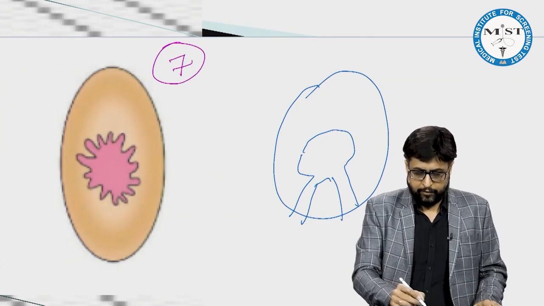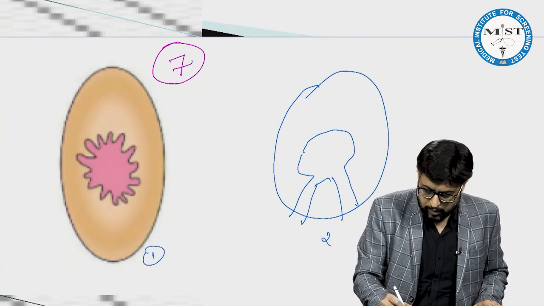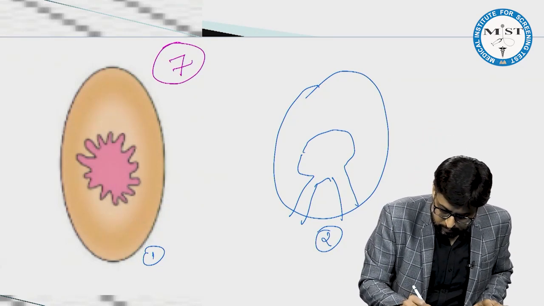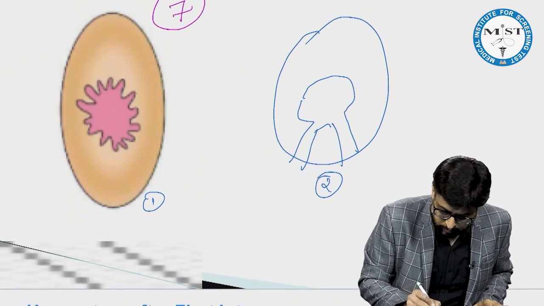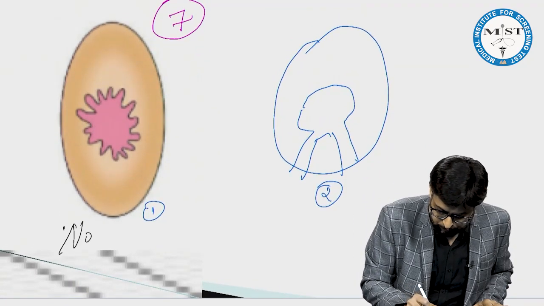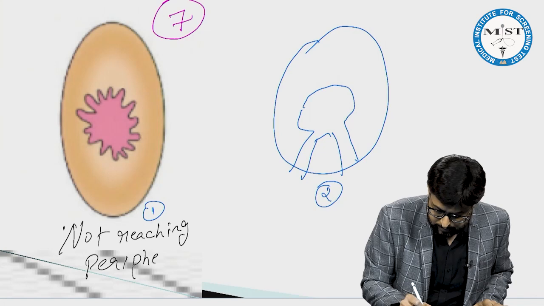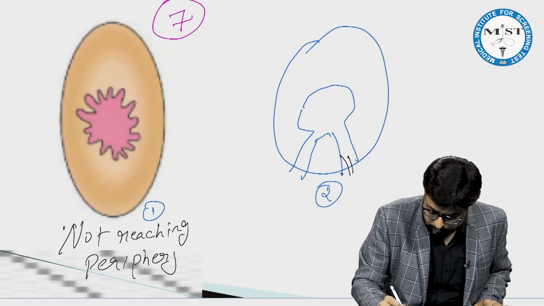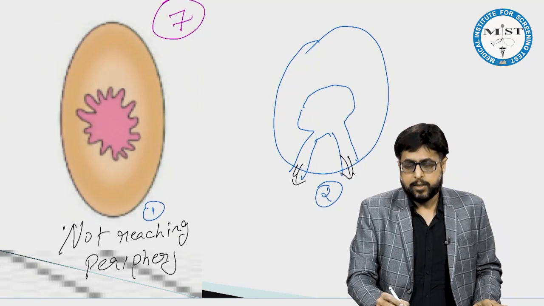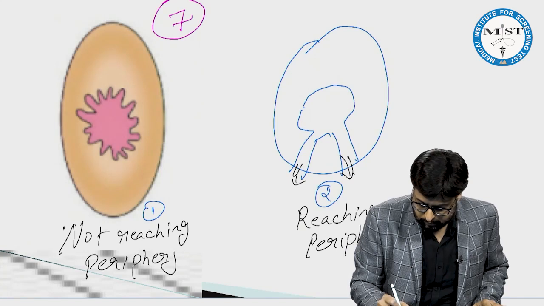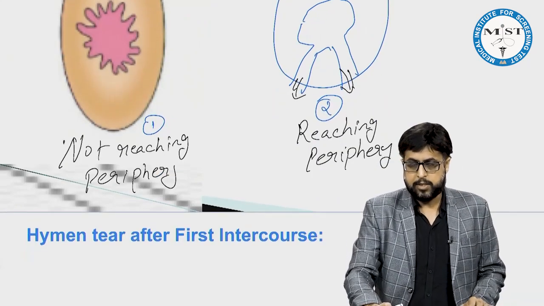Can you appreciate the difference between photograph 1 and photograph 2? In photograph 1, the notches are not reaching the periphery, whereas in number 2, you can see it is reaching the periphery.